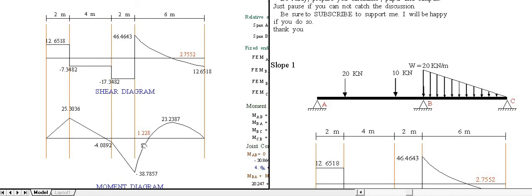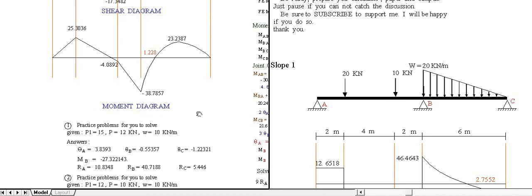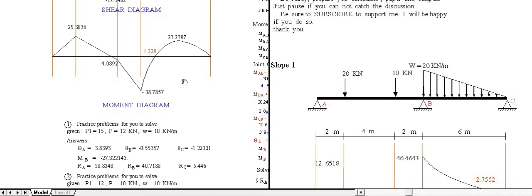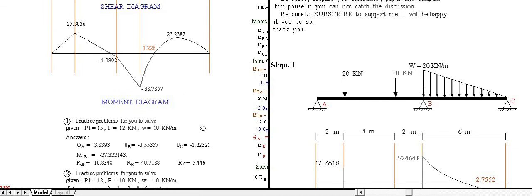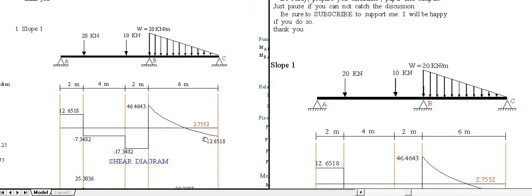The change of moment from negative to positive, there is a step up of the rebars, so that reinforcement on the top and reinforcement at the bottom and reinforcement at the top on this change of sign of the moment. Okay, now the solution to this problem is now solved.